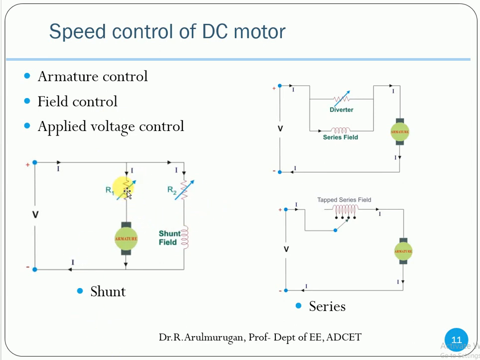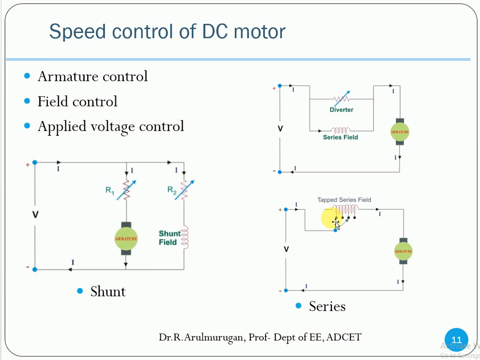This rheostat you can connect in series or across. If it is connected across, it is called a potential divider. Here, the series winding, field winding and armature winding, and this rheostat is connected across, so it is called a divider. Or one more: a tap changing method, a tap changing auto transformer.